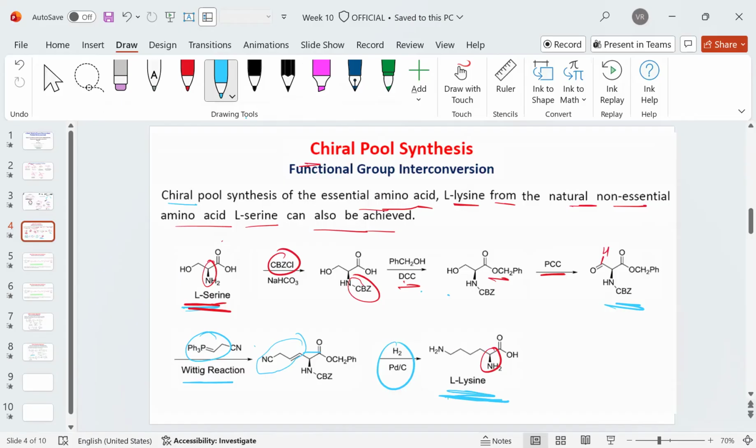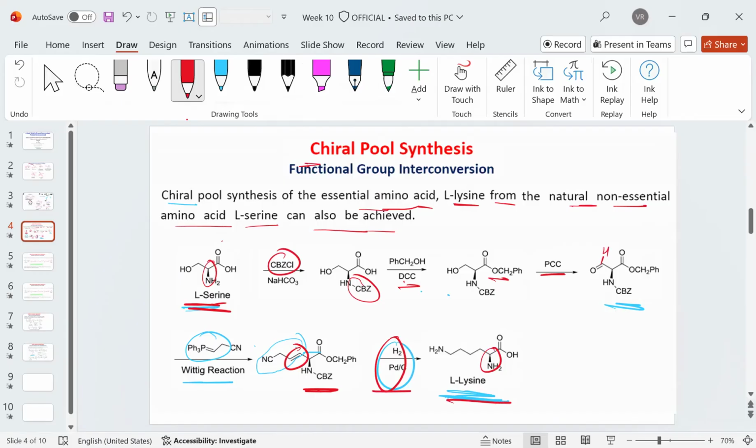In this case, you can see H2, Pd/C reduction in one step. The olefin reduction also occurs, and the Cbz deprotection step also occurs in the same reaction condition. So this is a very good example in which two steps are achieved in one reaction condition.